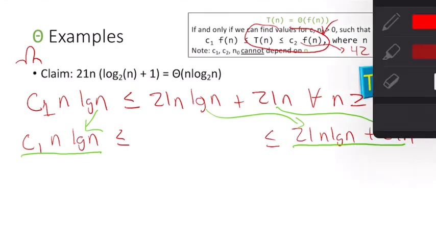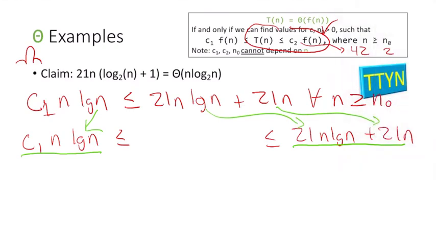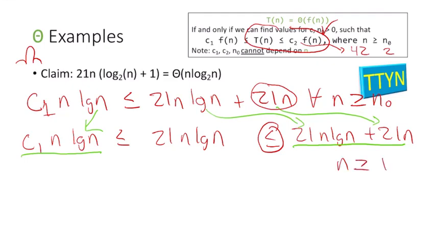Well, we know that n is going to be a positive number, which means that this thing is some positive value. So if I just remove that term, I can end up with something that's less than it. So we'll just put 21n log n here. And this assumes that n is greater than or equal to 1. Well, we already had that n had to be greater than or equal to 2 anyway, so that's pretty easily satisfied. So 21n log n is less than this.